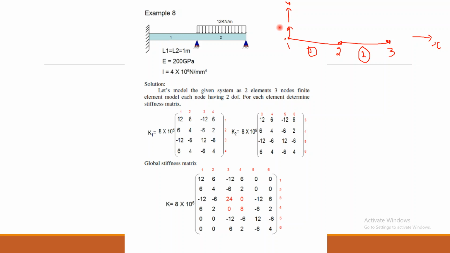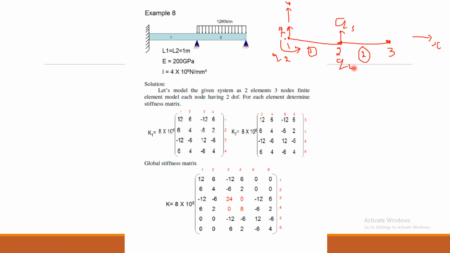This has Q1, here it has Q2, this has Q3, and this has Q4.